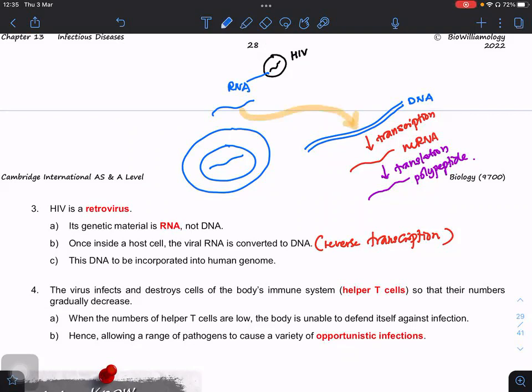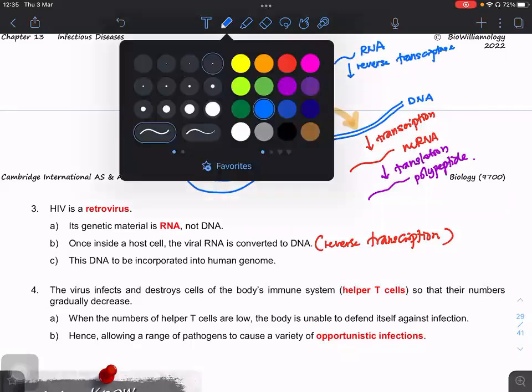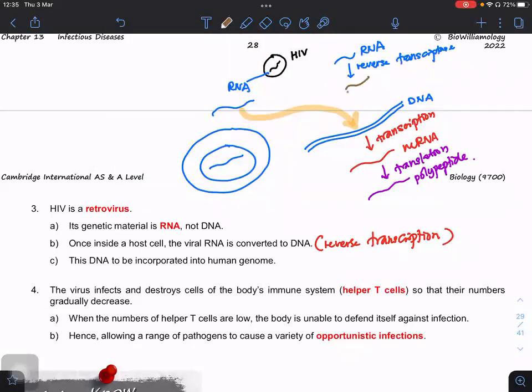In order to do this, we use reverse transcriptase to make DNA, and then we incorporate it, for example in this region. When it is incorporated, we can do the transcription. We get the mRNA and the polypeptide, and this polypeptide will fold into the viral proteins. Are you clear?